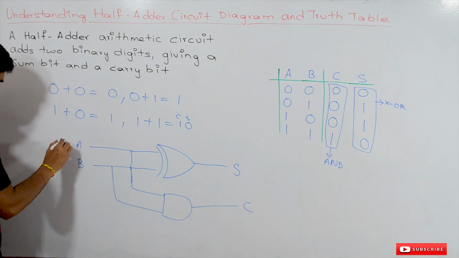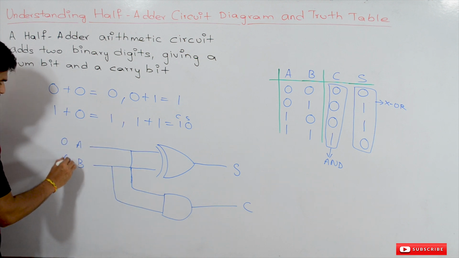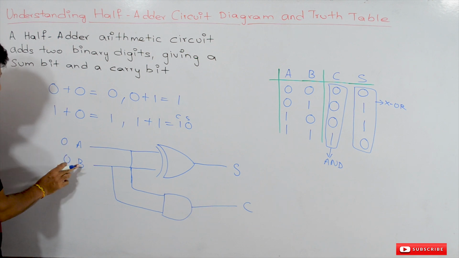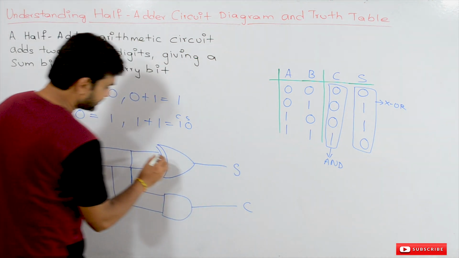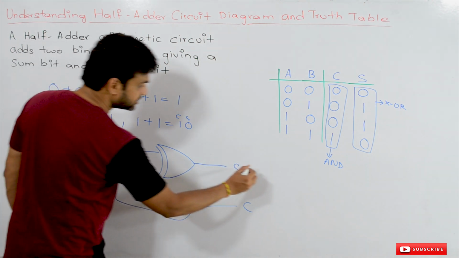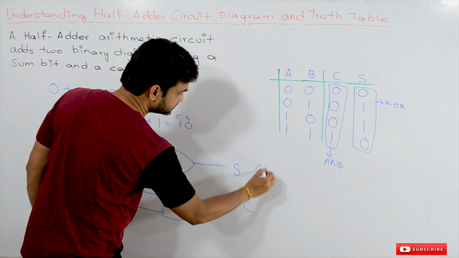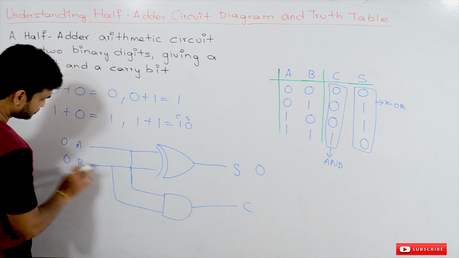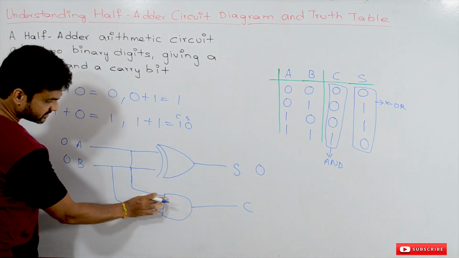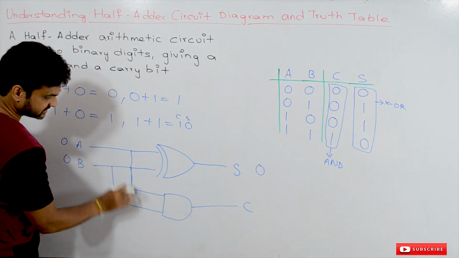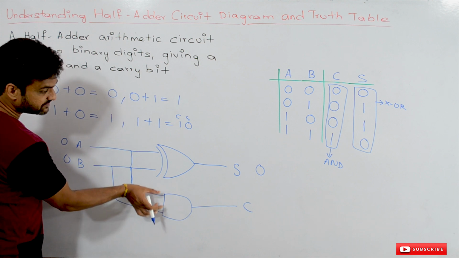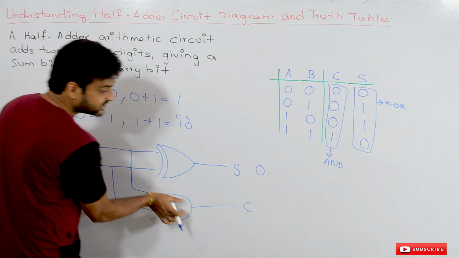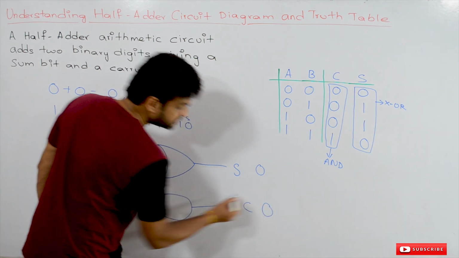For example, if the input is 0 0, the values of A and B are 0 0, so what is the value produced at the sum? Whenever 0 0, the XOR is going to produce an output of 0. The value of A and B is transferred to both gates, and since both are 0, the AND gate is going to produce an output of 0.